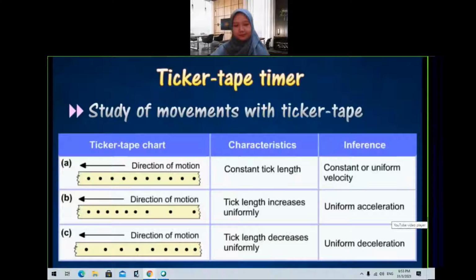A shows uniform distance between successive dots for a uniform velocity. B shows a ticker tape example for objects moving with an accelerated motion. C shows a ticker tape for objects moving with uniform deceleration.